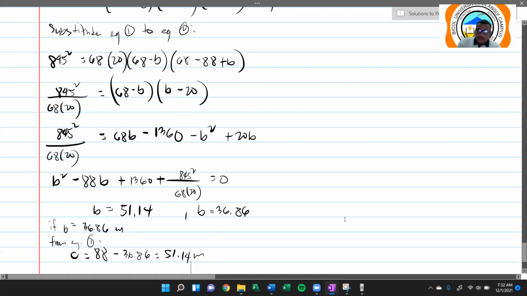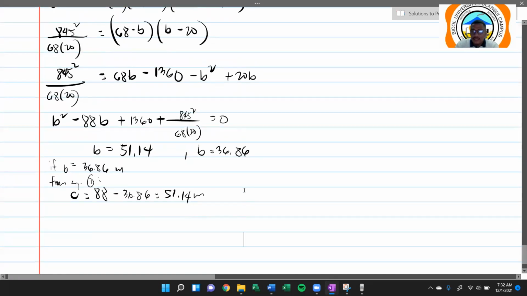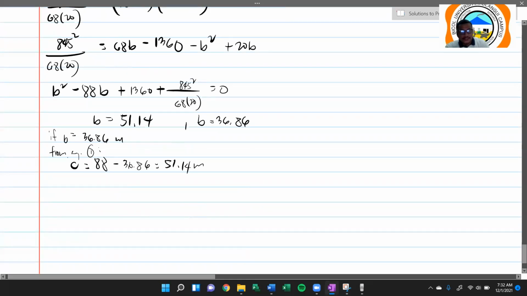So actually, these two roots are the lengths of the other two sides that we are solving for. Therefore, the shortest side is equal to 36.86 meters. So this is the answer.